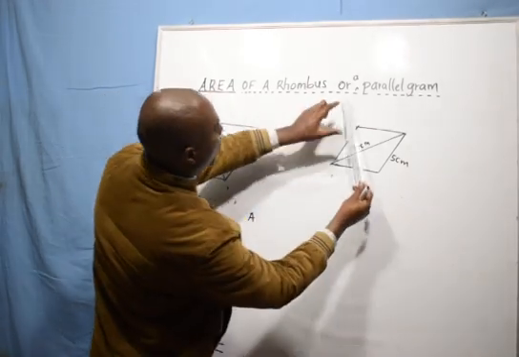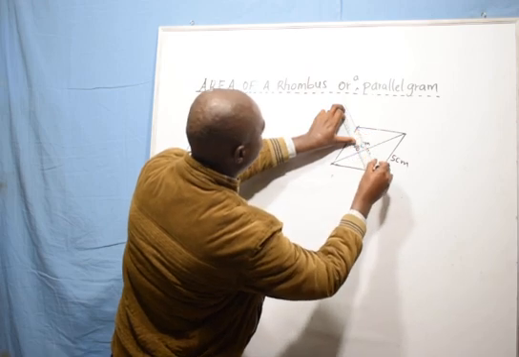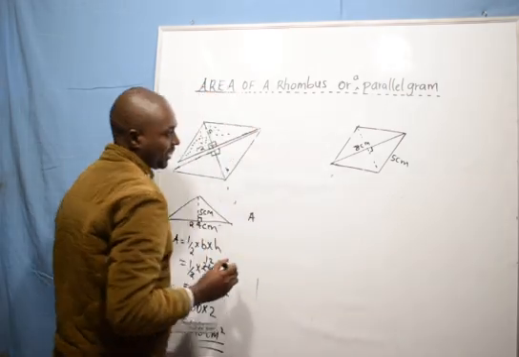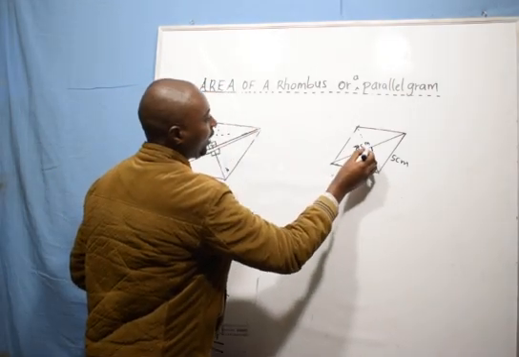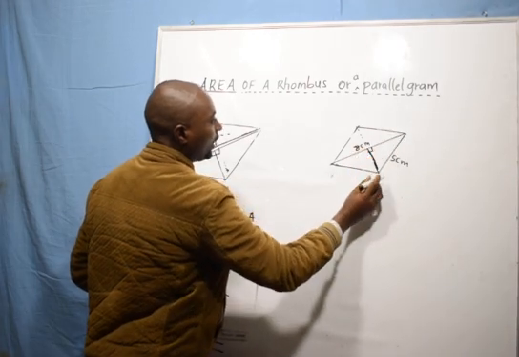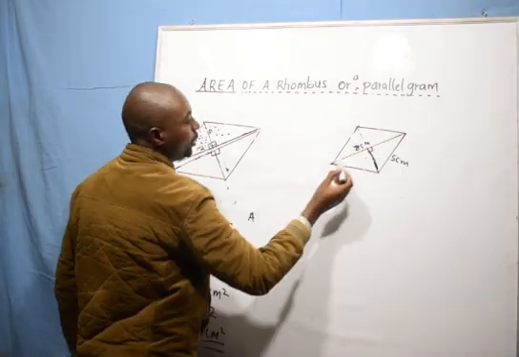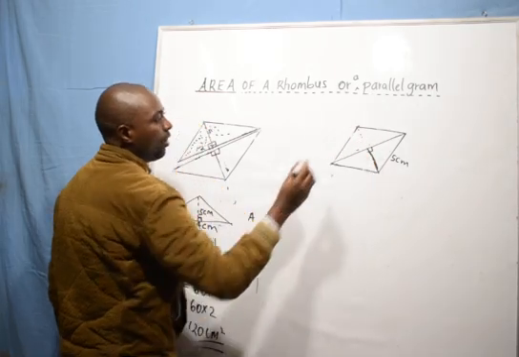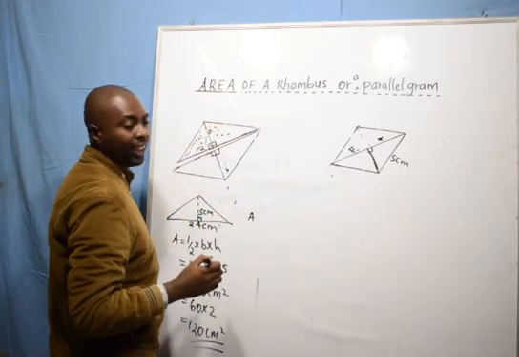I simply draw it though I don't have it, and play around with the right angled part of a rhombus. I can use this part of a triangle only, where I know clearly that from here to here is 8. Therefore, I divide it into 2, so that from here to here is 4, and this other part will be 4 to make 8.